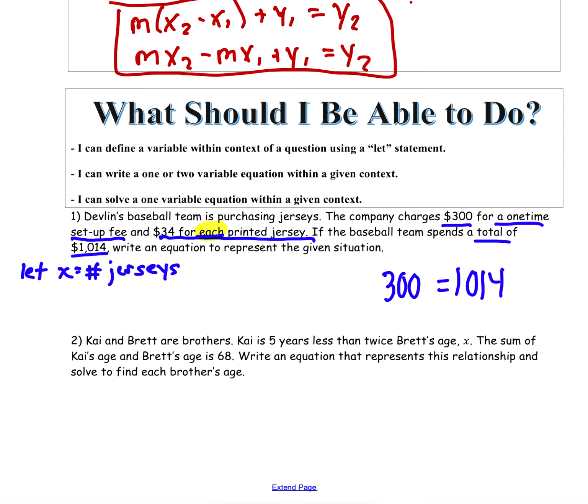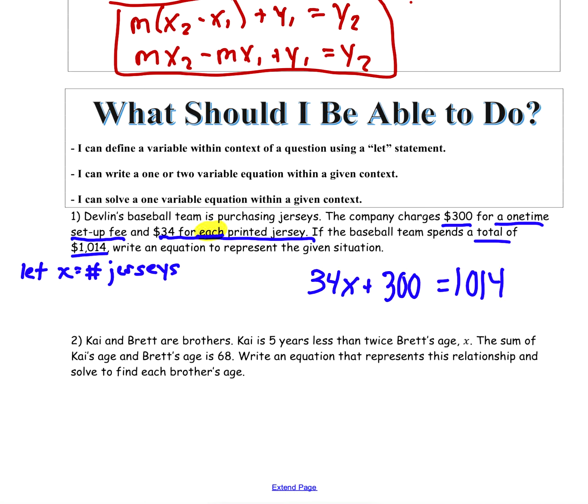It's just $300, and we're adding it on because it's a one-time fee. And then each jersey is $34, so that would be 34 times x. And once again, once you see each, that's a very nice hint that that is going to be the rate of change, because the rate of change is for each change in x.